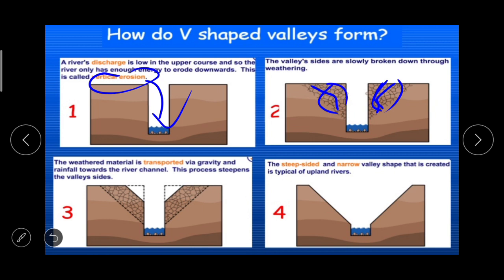Then in the third one, the weathered material is transported via gravity and rainfall towards the river channel, and this process steepens the valley's sides. And the last one, the steep-sided and narrow valley shape that is created is typical of upland rivers, and this is how V-shaped valleys form.